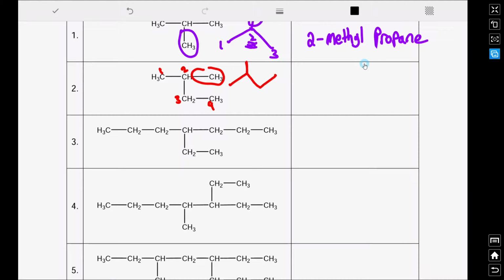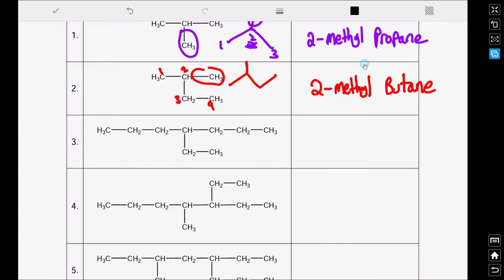And to name it, well, I've already numbered the longest carbon chain, 1, 2, 3, 4. So this is going to be a butane of some sort. Butane. I've circled the branch, which is a single carbon, which is, again, a single carbon branch is called a methyl. And that one appears on carbon number 2, so this is 2-methyl butane.